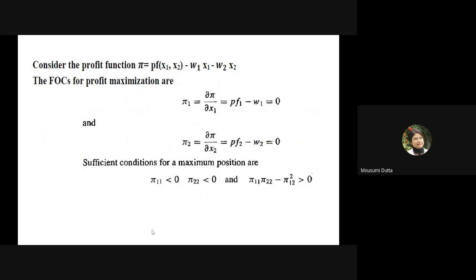So I'm considering a profit maximizing function. By this time, you are quite familiar with this profit function, which is equal to total revenue minus total cost. Now, to keep the analysis simple, again, we are considering two factors of production. Under most circumstances, when we are considering more than one variable, mostly we are considering two.